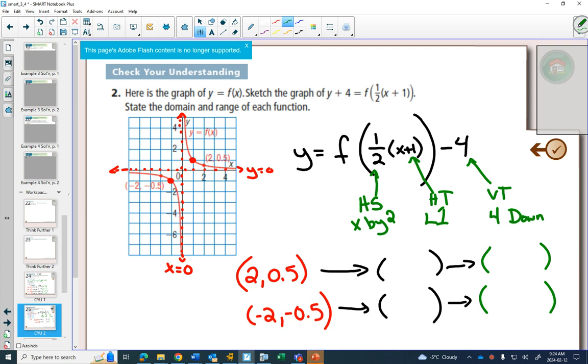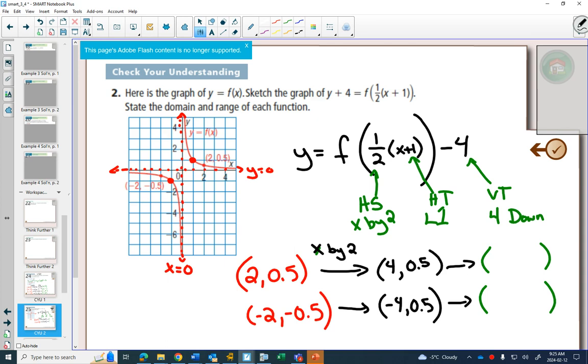We'll do our stretches and compressions first, then our translations second. So do we have any stretches? Just the one. We need to multiply our x values by 2. So this will be 4, and this will be -4. So y values of 0.5 won't change.